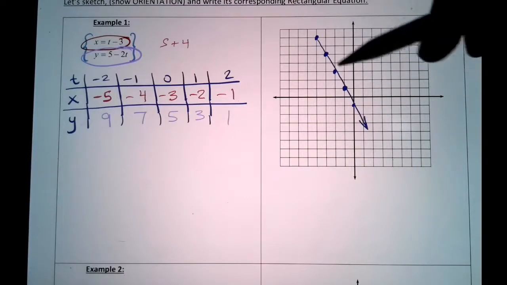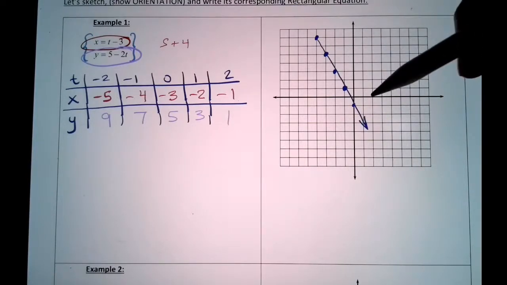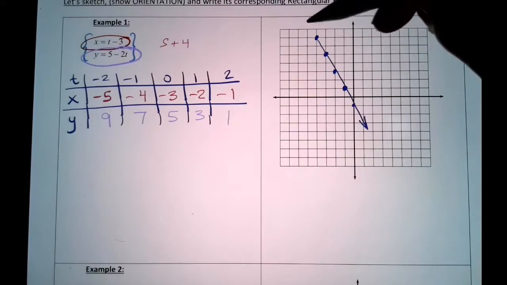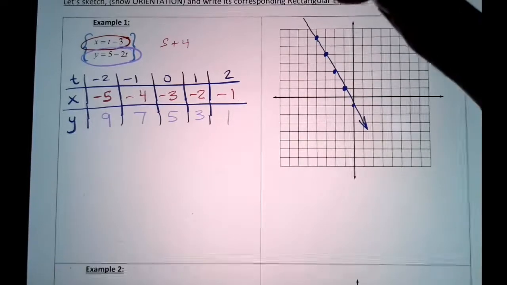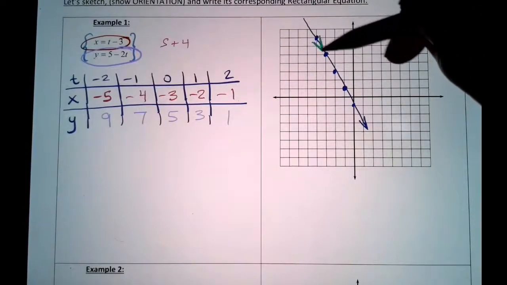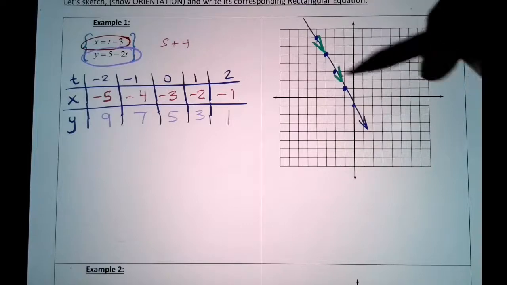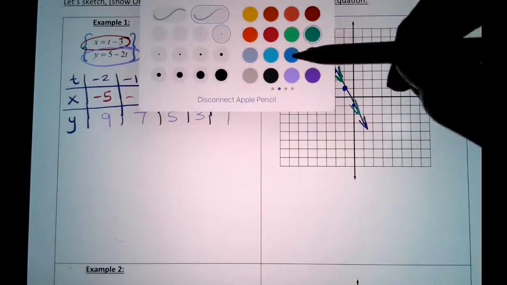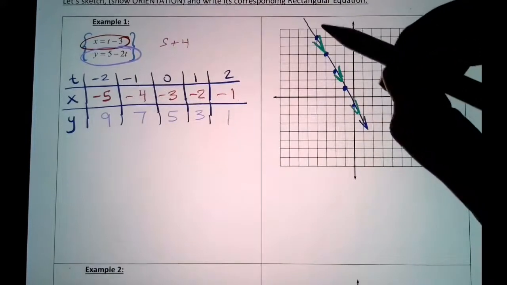Notice here I put an arrow in that direction. Normally when you're in Algebra 1, you would put an arrow in the other direction at the top. I am not going to do that. I am only going to show my orientation in one direction. This is a one-way road, because I plotted all these ordered pairs, and at each step along the way, we had a different t value.